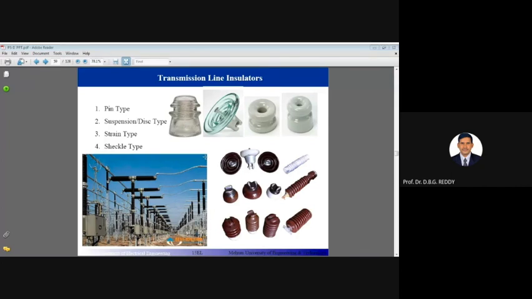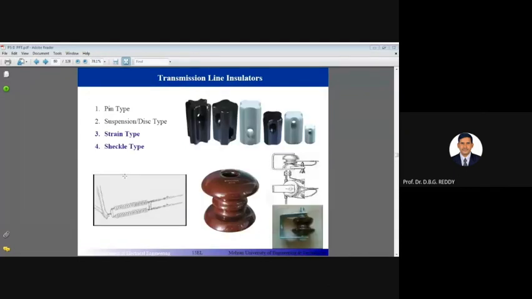These are very, very important. In the coming days, the operating voltage is always increasing, so we have to use new types of insulating material to get better properties. You can see here the various types of insulators used in the substation, in all the places. These are the transmission line insulators: pin type, suspension type, strain type, shackle type.